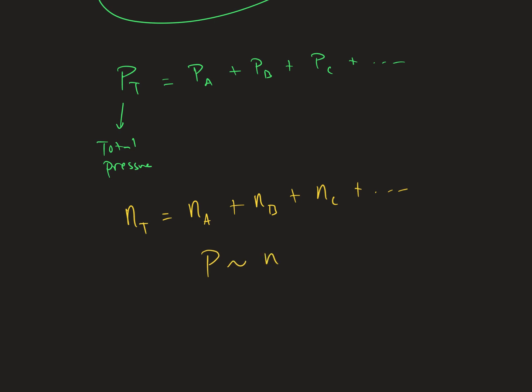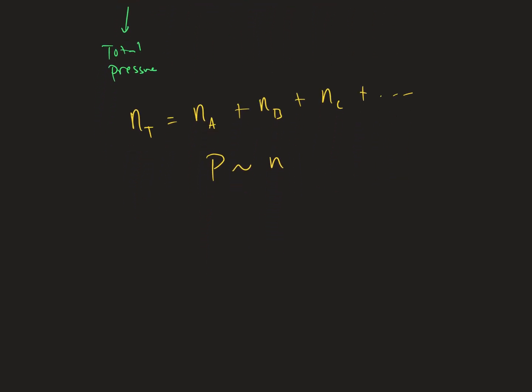That good? So we can say the total pressure is related to the total number of moles. Can we also say the partial pressure of A is proportional to the number of moles of A? And B and C and so on, right?